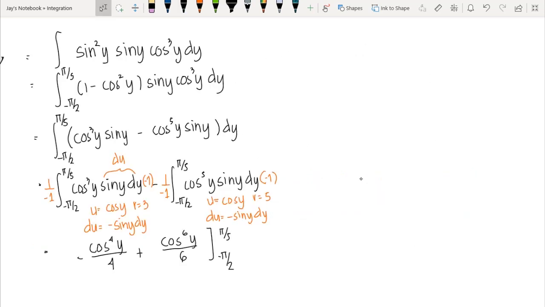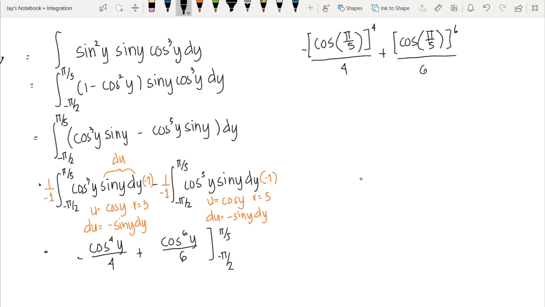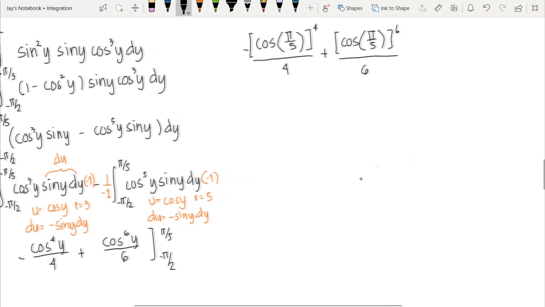The first one is cosine, our y is pi over 5, and this one is raised to the 4th power, over 4, plus the second term, cosine, substituting the upper limit pi over 5, raised to 6, of course, over 6.